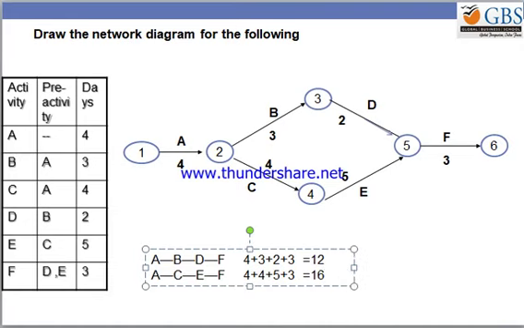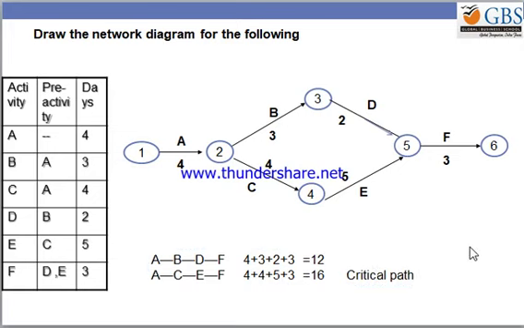So we can say this is the critical path, because that is maximum. There need not be only two paths. Sometimes we are going to come across many examples where multiple paths will come into the picture. So I need to find out the critical path.